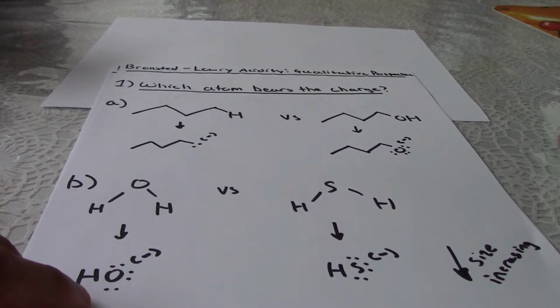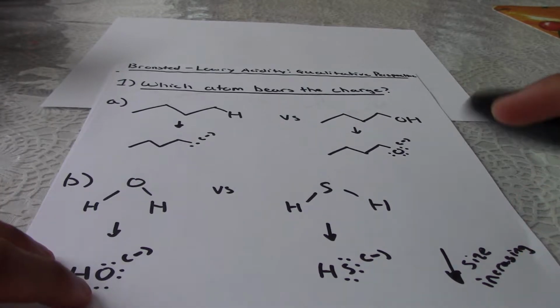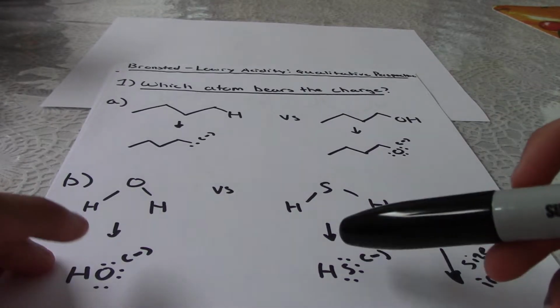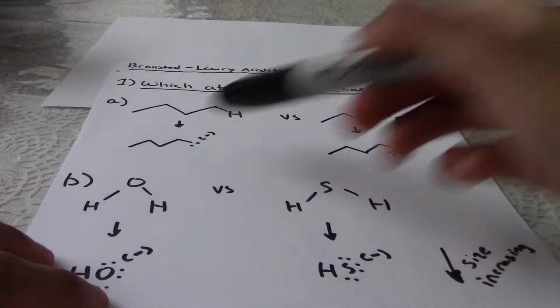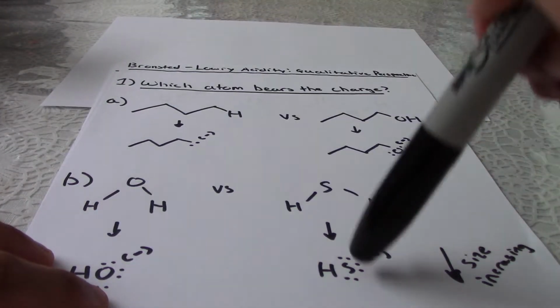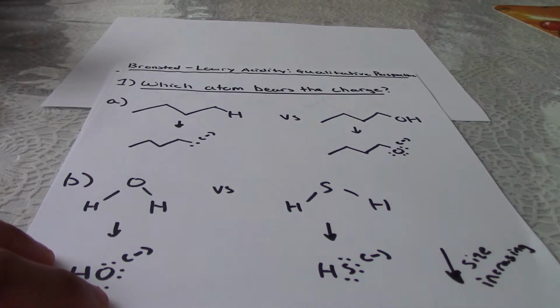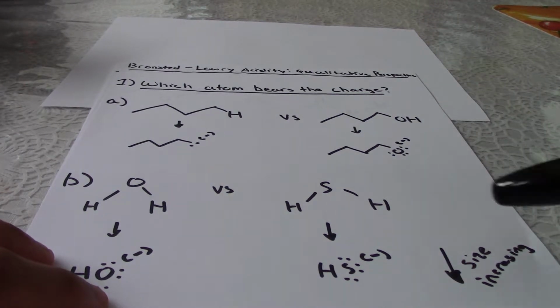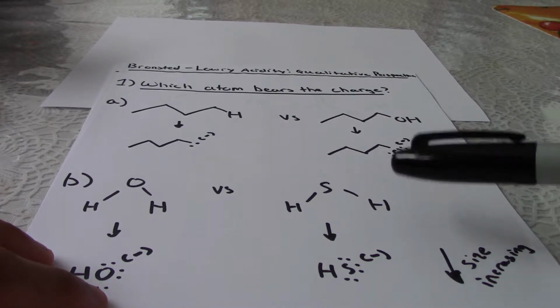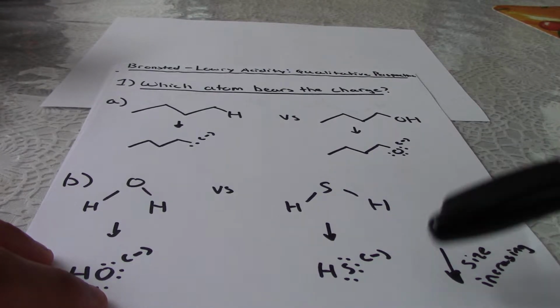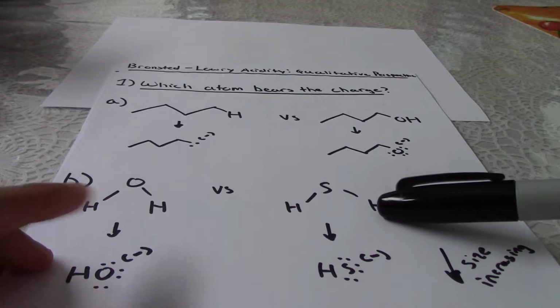It would be wrong because the slight modification to this rule is when you're comparing the negative charge on two atoms that are in the same column. Note these are in the same row, the carbon and the oxygen, but now the oxygen and the sulfur are in the same column. You look at the size of the atom. Since the sulfur atom has more electrons and protons, it's larger and can better stabilize that negative charge. Therefore, this will be more acidic than this.